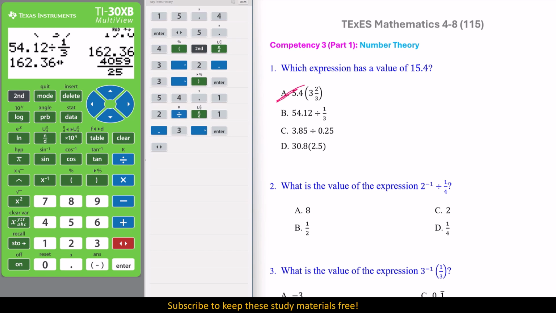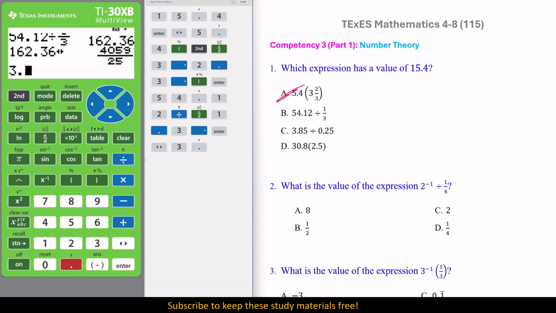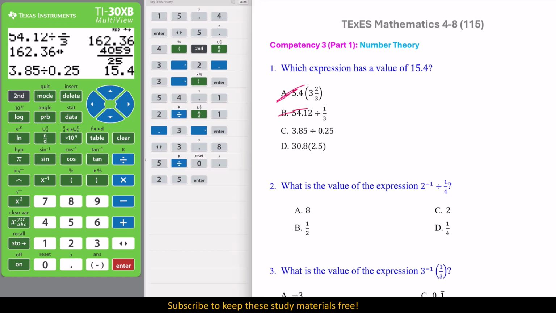Now, that's kind of what's going on with the next one. You're really multiplying everything by 4. Well, let's put it in the calculator regardless. 3.85 divided by 0.25. I'm typing it in exactly the way I see it. And there you go. That one is valid.